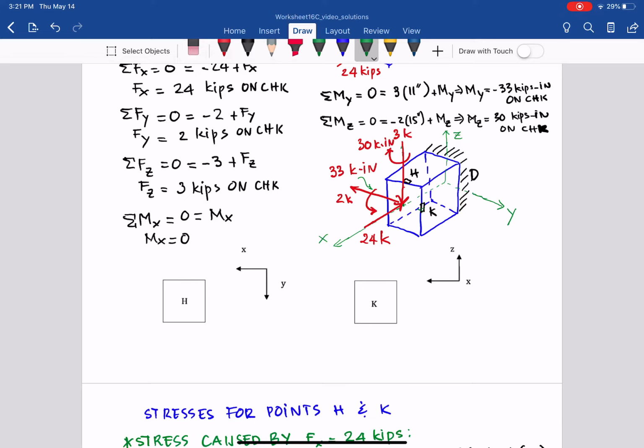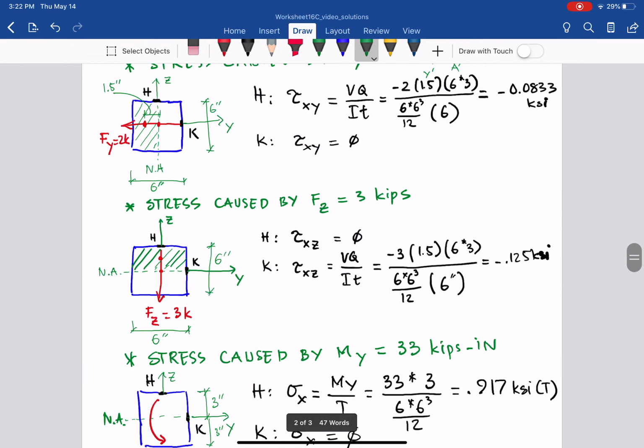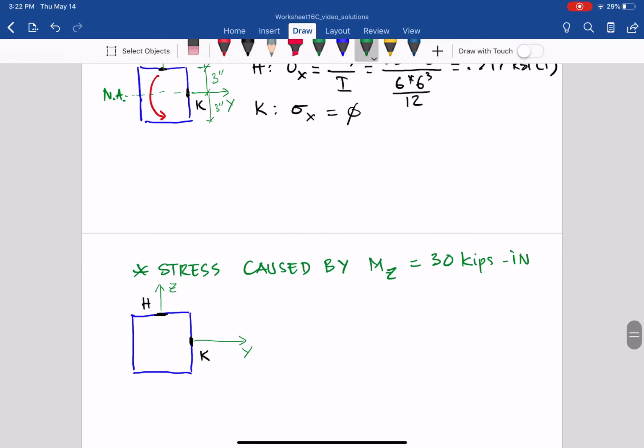And let's see how My rotates in the negative Z axis, or negative moment based on the right hand rule. That is My, and this is Mz.